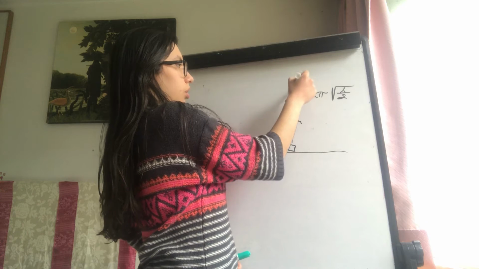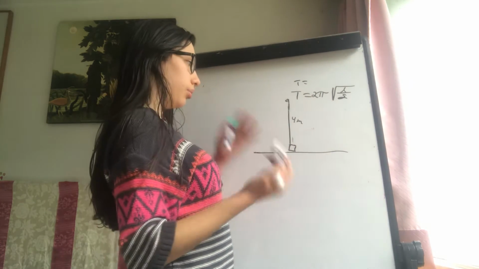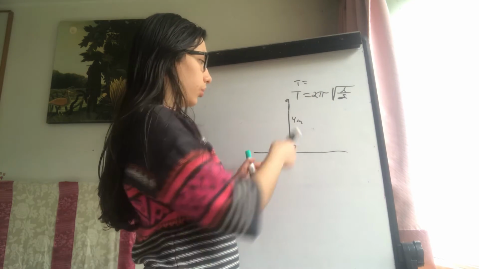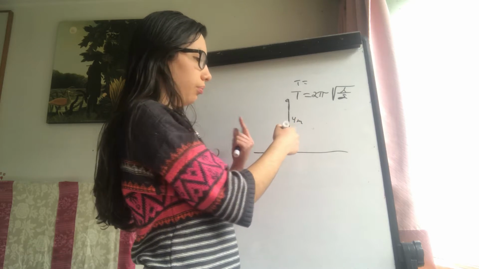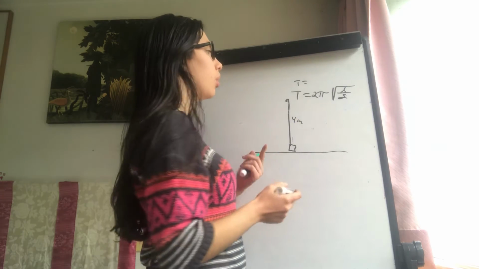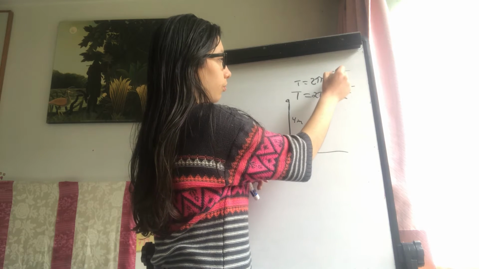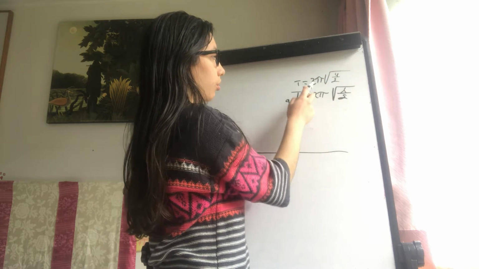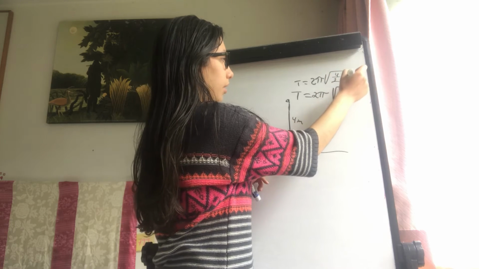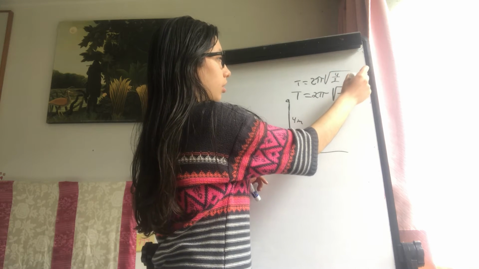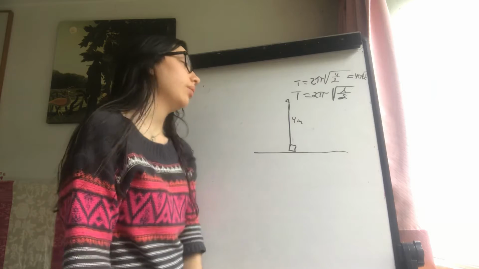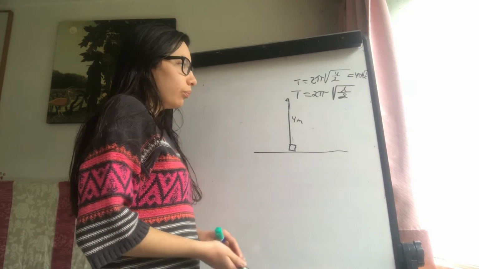Then the period, that is the time that it would take this pendulum to complete one round, would be 2 pi times the square root of 4 over g, or 4 pi times the square root of 1 over g, whatever it be.